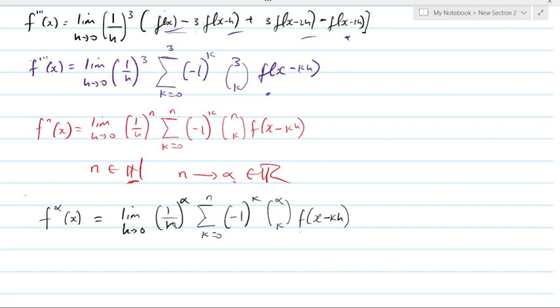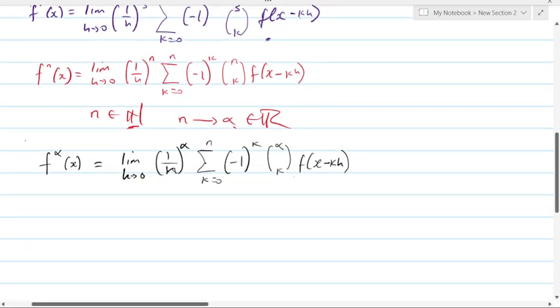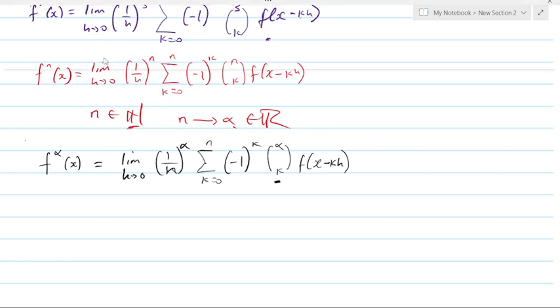Okay, but this particular time, this is our combination, we need to work on it, knowing that the fractional combination or the fractional factorial does not exist except we extend it to the gamma function. So I want to work on this particular term, then substitute it back.